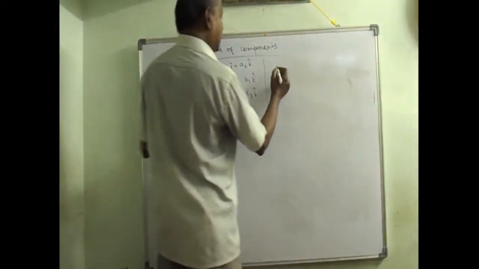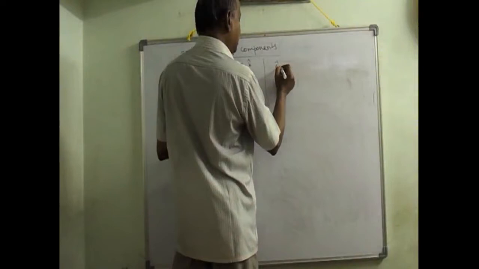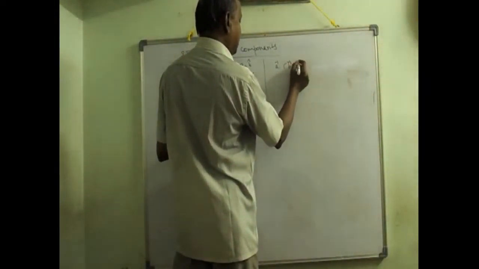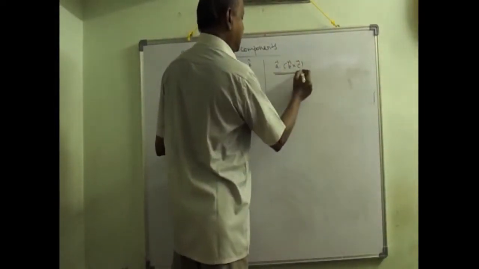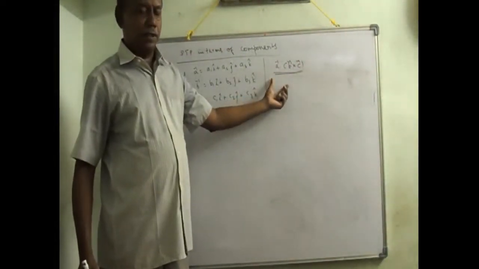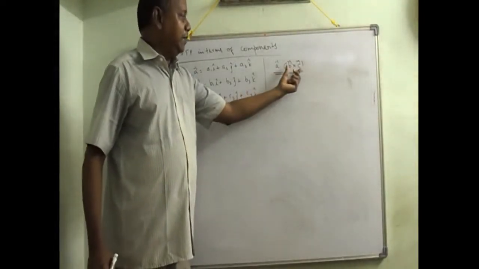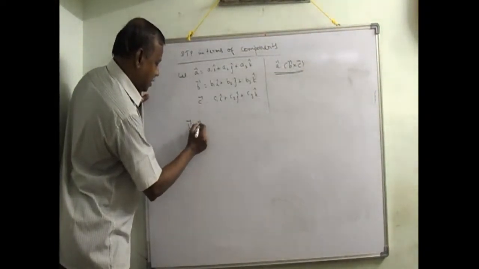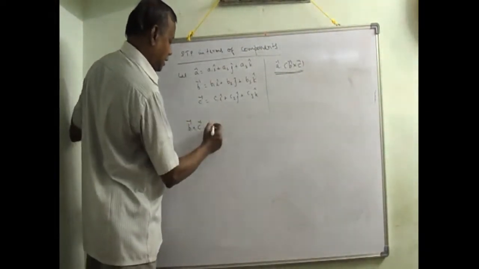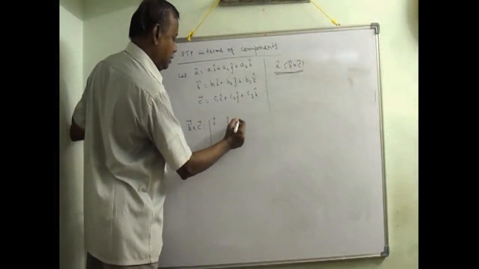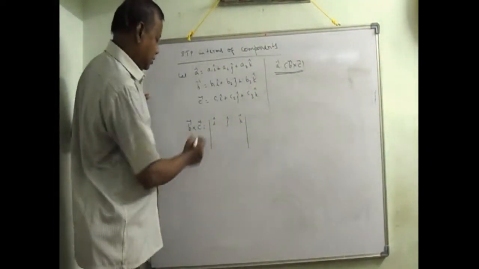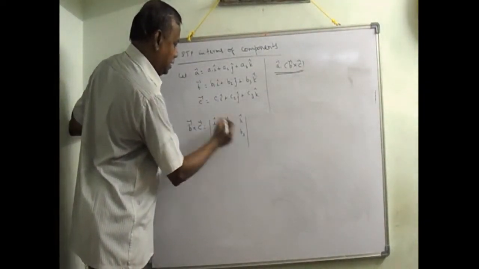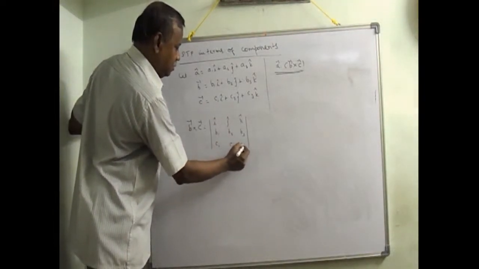Consider A vector cross B vector dot C vector, or A vector dot B vector cross C vector. Both are equal. So we have to express STP in terms of components. First, by rule, we have to consider the cross product. So now B vector cross C vector equals the determinant with i cap, j cap, k cap, the components of B as B1, B2, B3, and similarly C1, C2, C3.